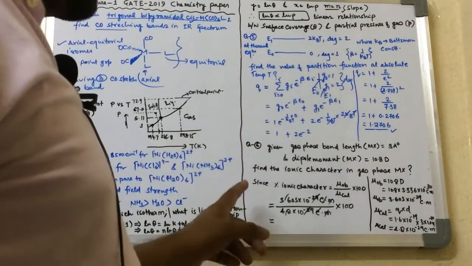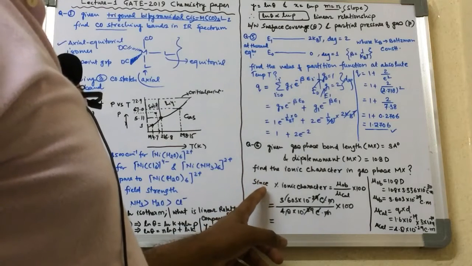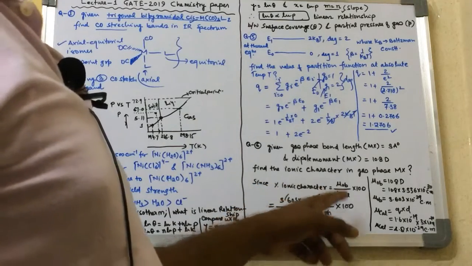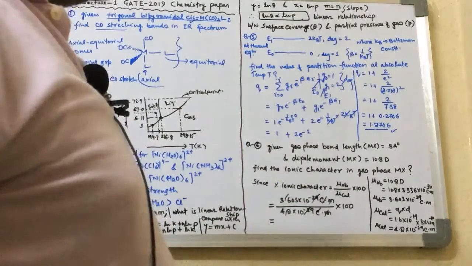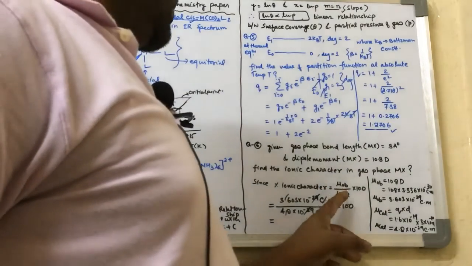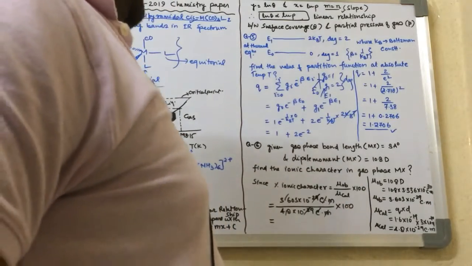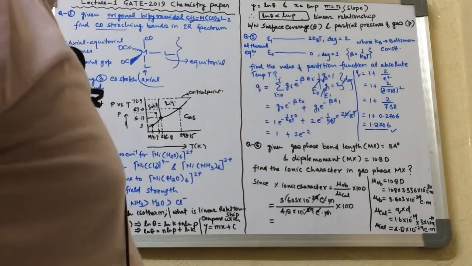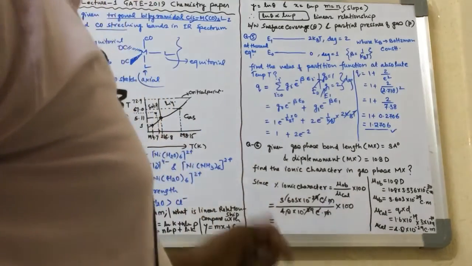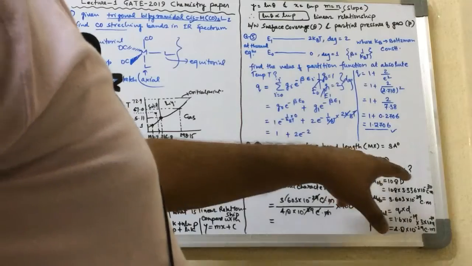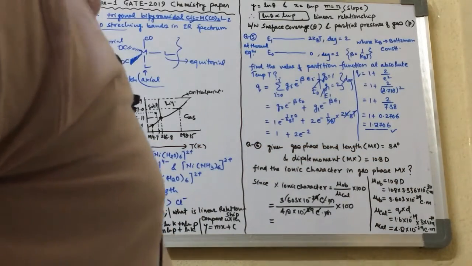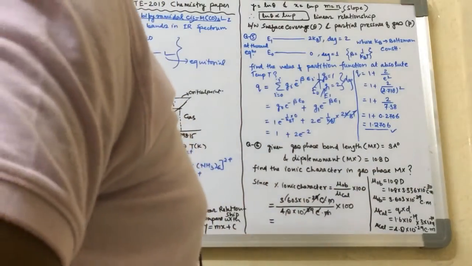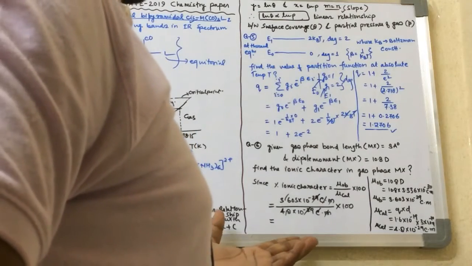So simply, we know the percentage ionic character is equal to mu observed over mu calculated, into 100. Here the observed dipole moment is given, and we have to calculate the dipole moment.